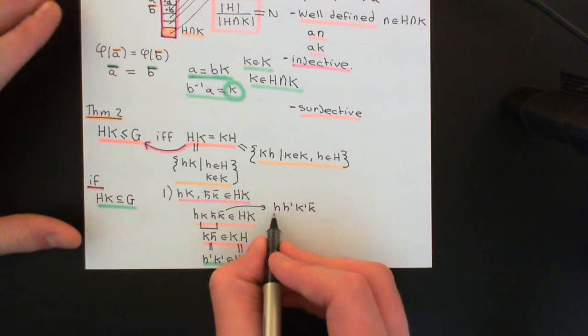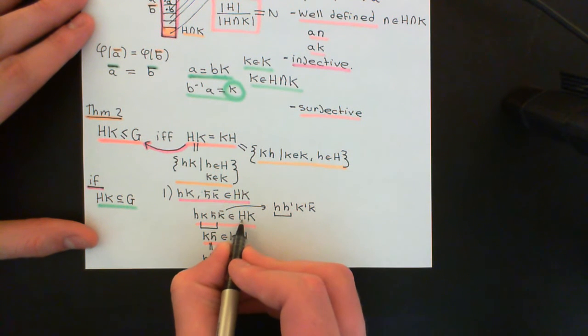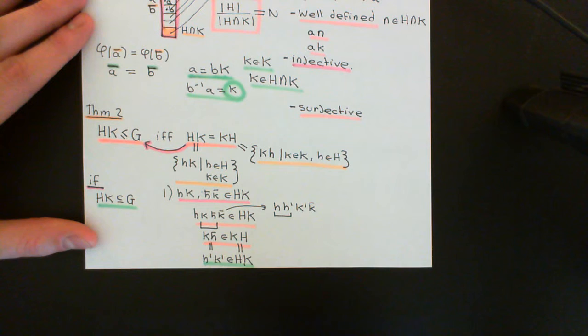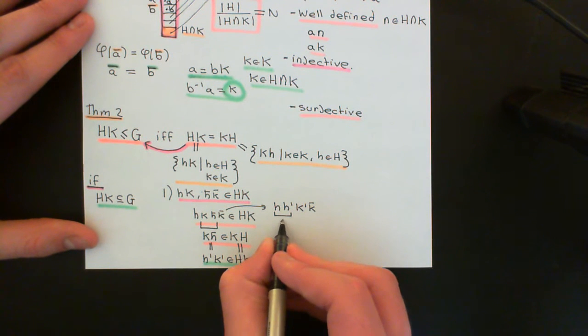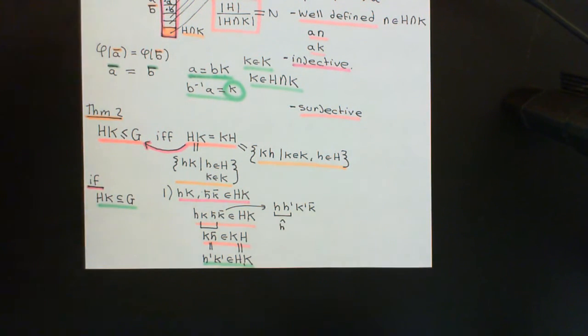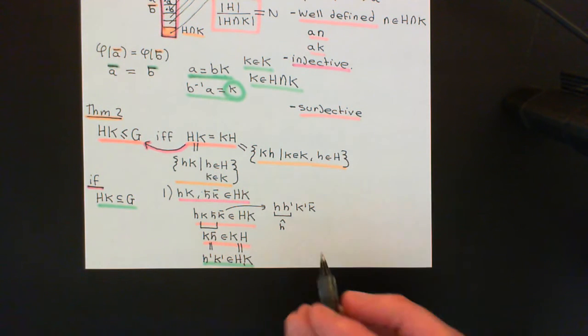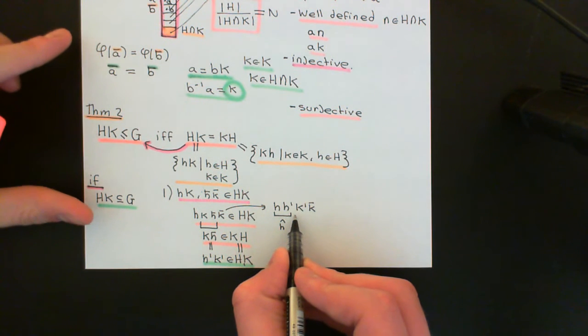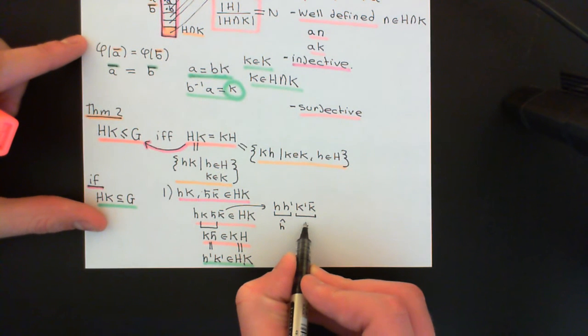Okay, and now of course h composed with h prime is just going to equal some other element of capital H, because capital H is a subgroup, and what should I call it? I'll call it little h hat. I'm rapidly running out of alterations that I can make to the symbol little h. Okay, and I'll call k prime composed with k bar, I'll call that little k hat here.